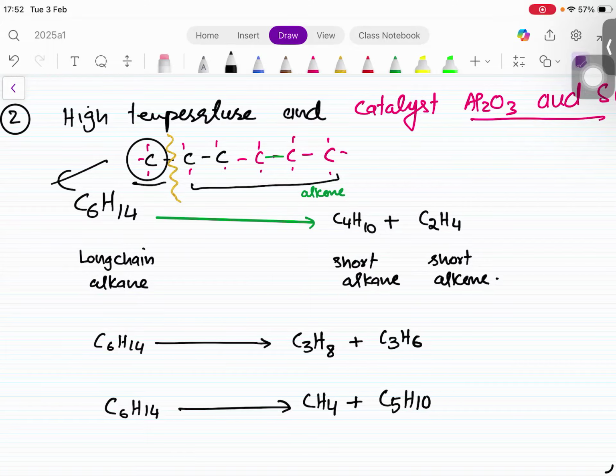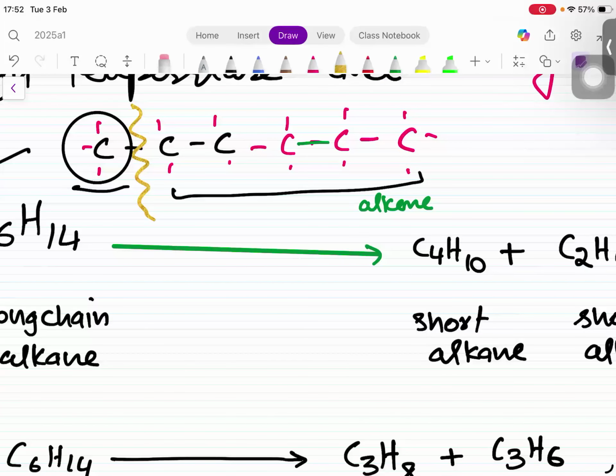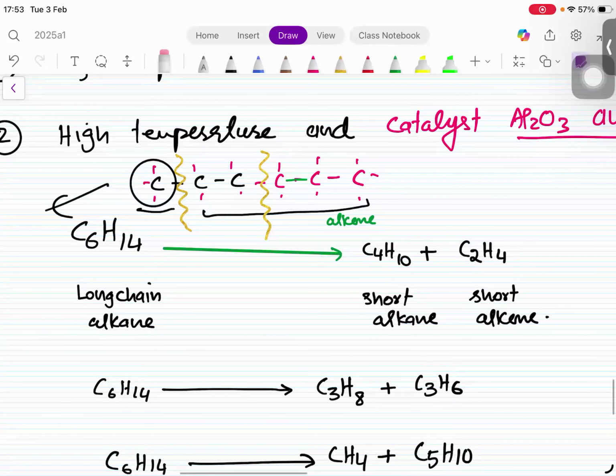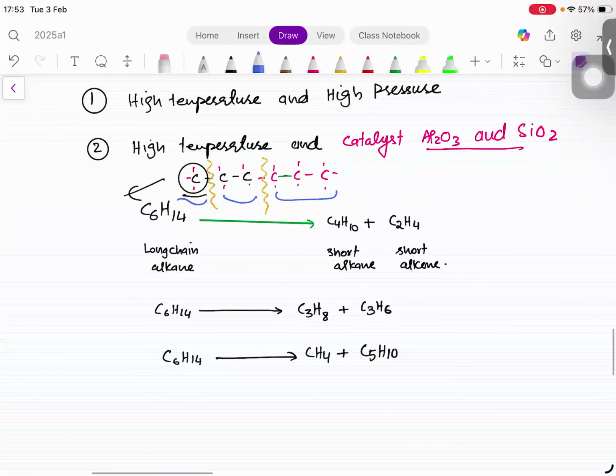But this is not always the case that only 2 fragments are formed. At times, this can break into 3 fragments. For example, here. If it breaks like this, how many smaller fragments? 1, 2, and then 3. When it breaks down into 3 fragments, keep in mind, one of them will be only an alkane. The rest should be the alkenes.